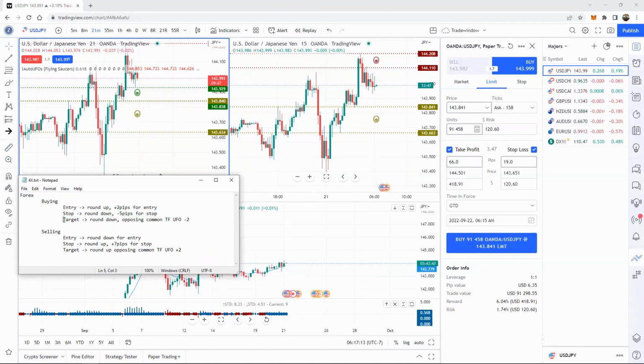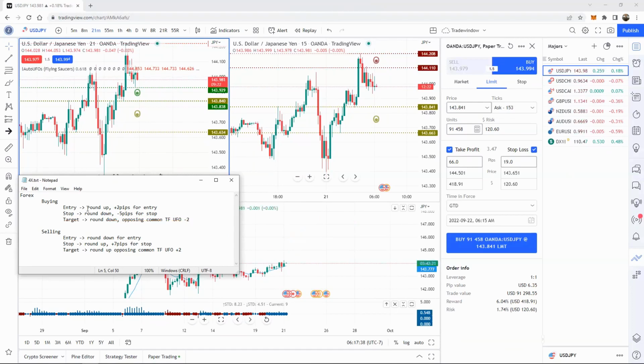And then for the target, we're going to do something similar. We're going to round it down of the opposing common time frame UFO and take away 2 pips. Now in this scenario, because we do not have an opposing UFO on this bottom time frame, we're going to skip this step, right? Because we don't have a final target. That means we're just going to keep trailing this until it stops us out.